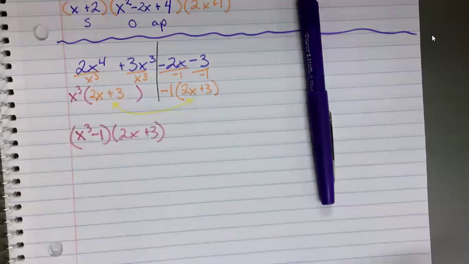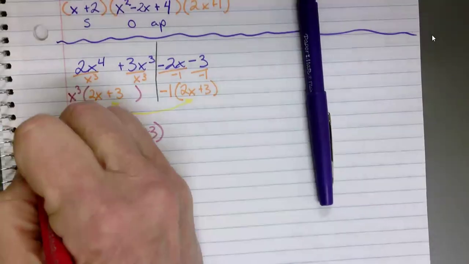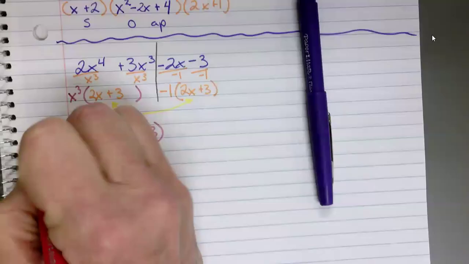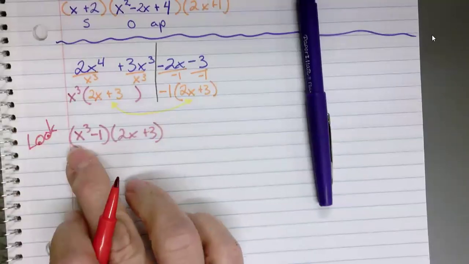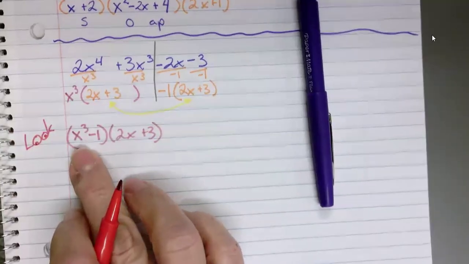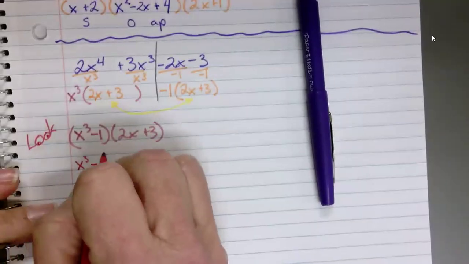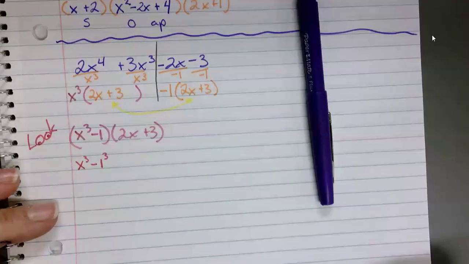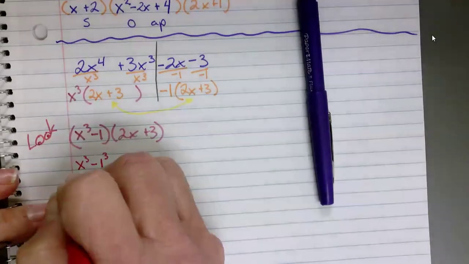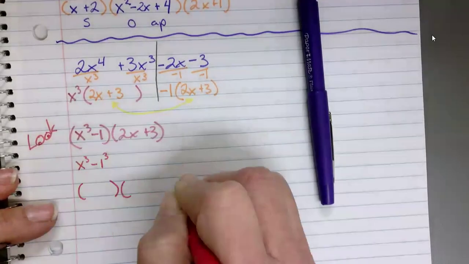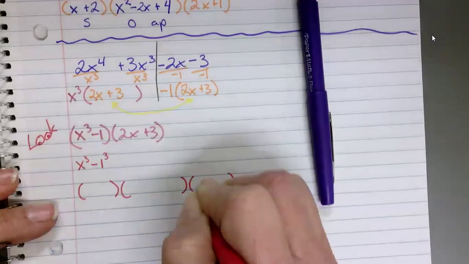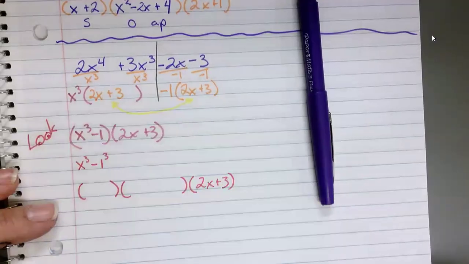Yay, beautiful. Make sure you look for your specials. Do we have anything special in there? We do. X cubed minus 1 are perfect cubes. So we have x to the third minus 1 to the third. So we have to factor that. It's going to give us a binomial, a trinomial, and then you cannot lose your 2x plus 3.